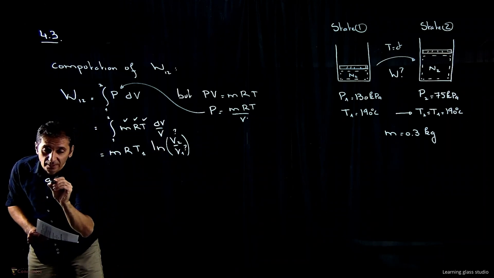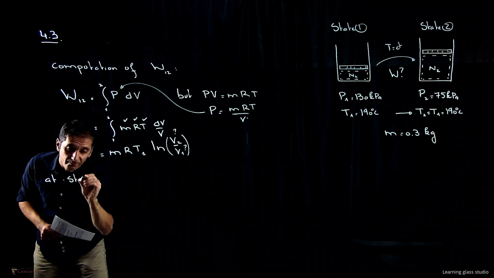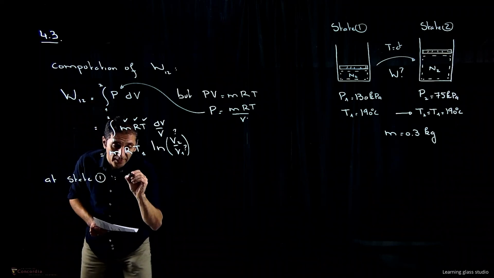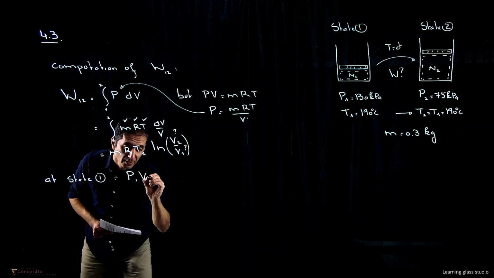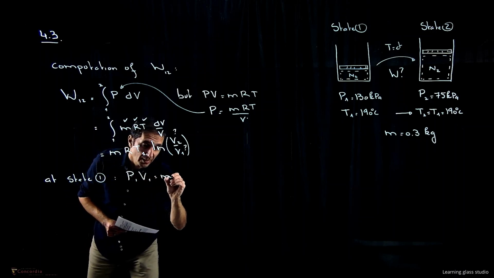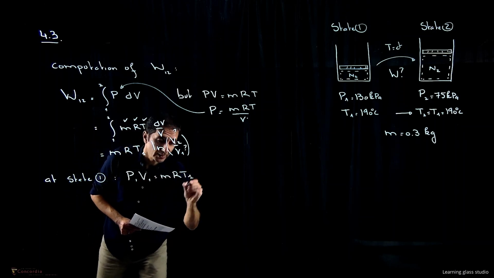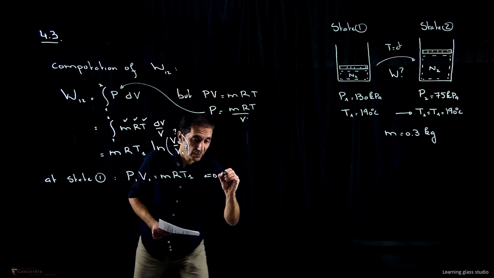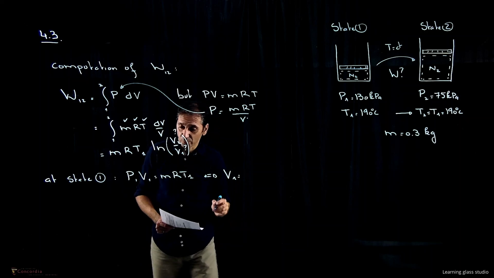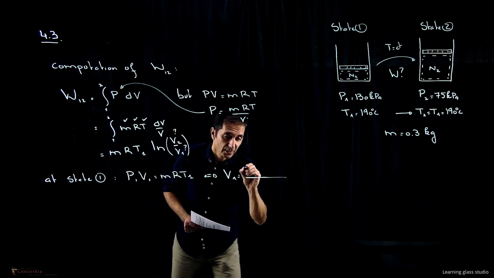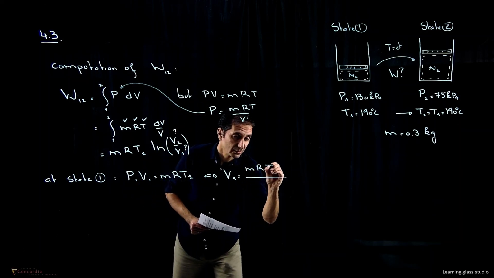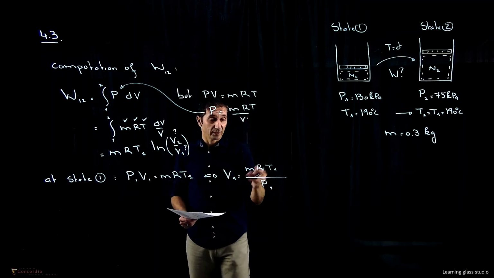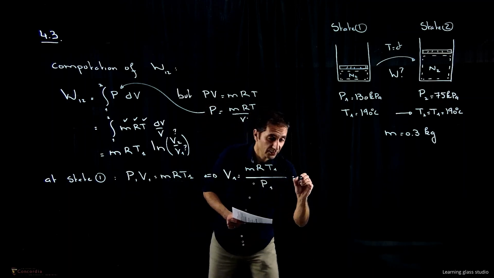So at state 1, what do we have? It's an ideal gas, so this is P1 V1 equal to mRT1. So this is equivalent to say that our V1 is equal to mRT1 over P1. They are all given here, so we just have to plug our values.